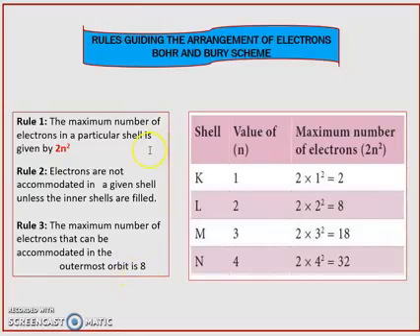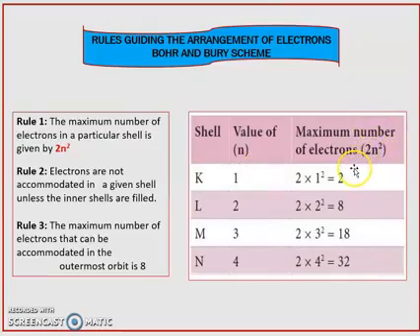Let's start from the first one. The first shell is called the K shell, energy level 1, and n means the energy level. The maximum number of electrons you can find in the first shell is given by the 2n squared rule. In the first shell, n is 1.